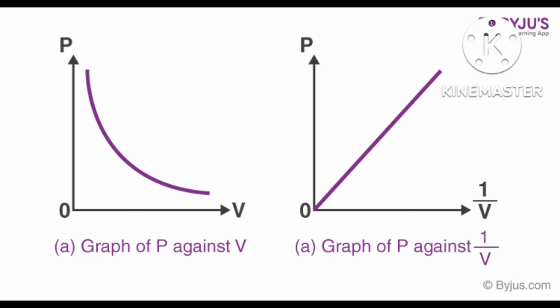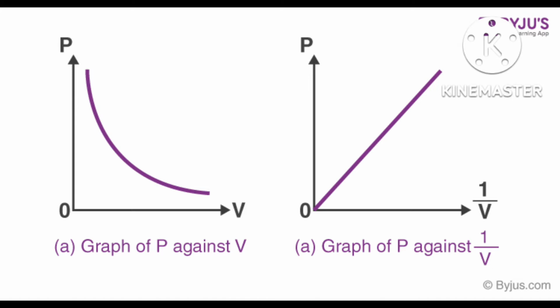On the basis of his experiments, Boyle did many experiments. Then on the basis of the experiments, Robert Boyle reached the conclusion that at constant temperature, the pressure of a fixed amount of gas, listen here, at constant temperature, T is not changing, T is fixed.